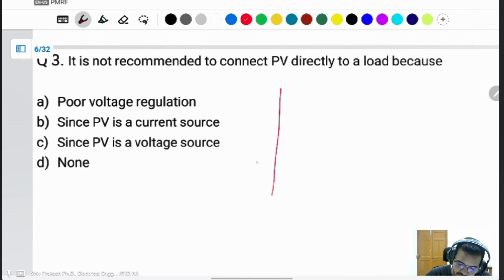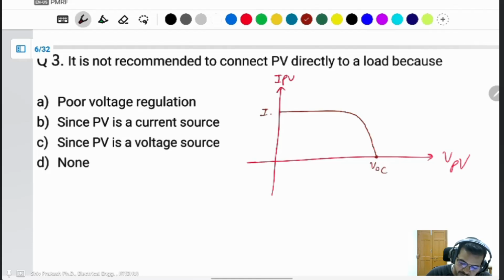What is the characteristic of this one? The PV panel has VPV, IPV, VOC, ISC. Okay, fine.